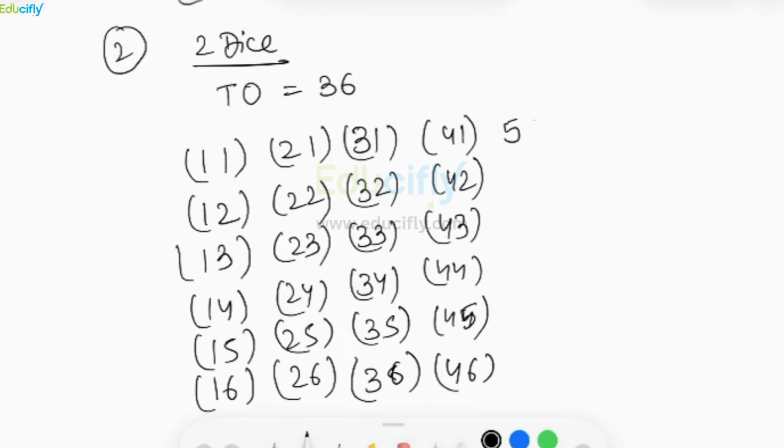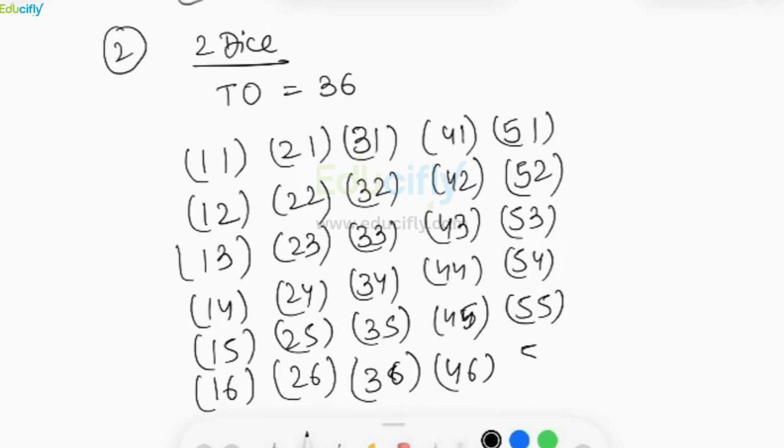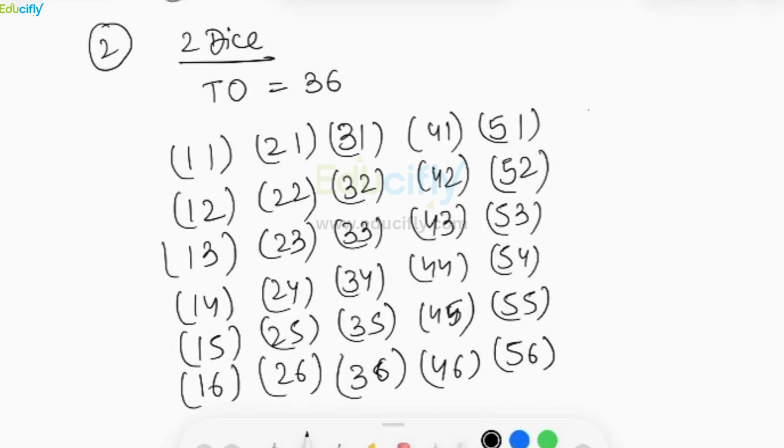This is now the fives line, then the sixth line.